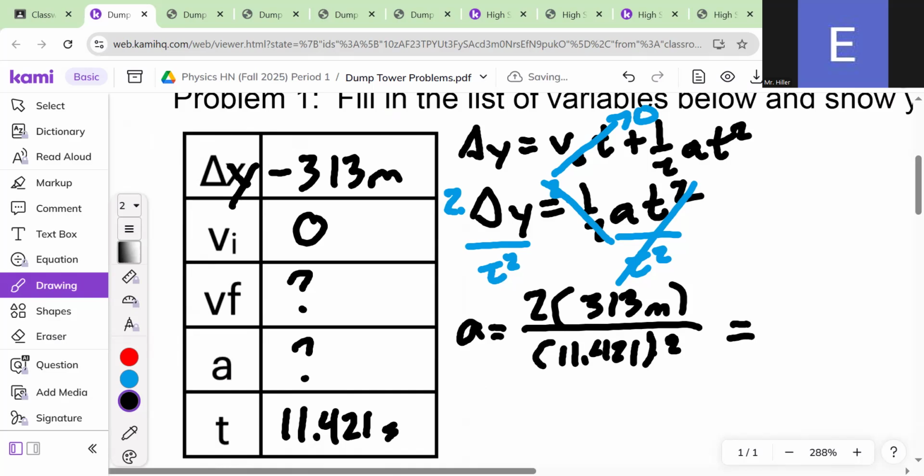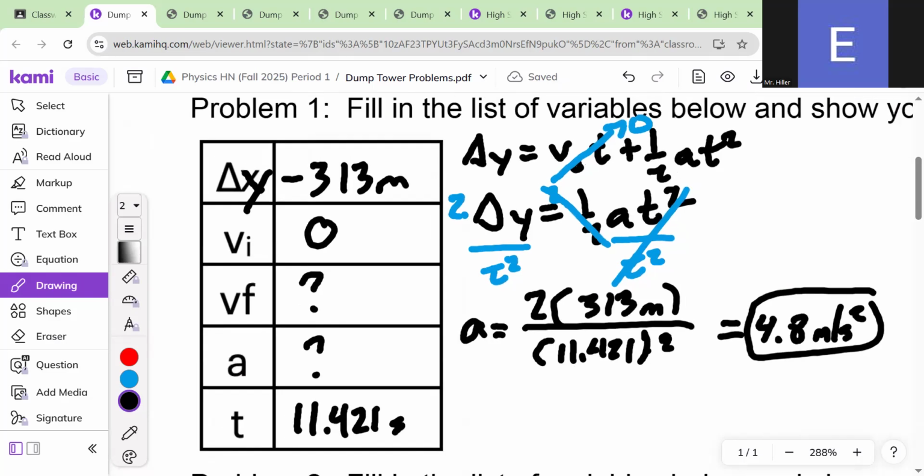Put that in your calculator. I'm getting an acceleration of about 4.8 meters per second squared. 4.799, I'm just rounding up to 4.8.